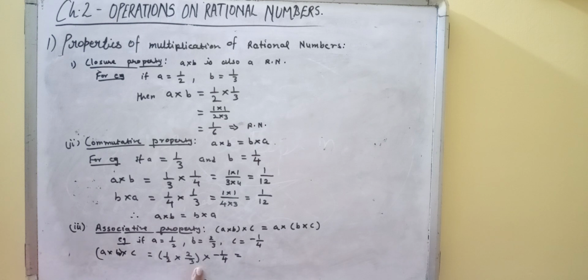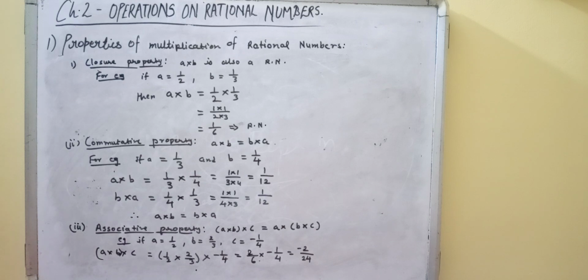First solve the bracket. 1 into 2 is 2, 2 into 3 is 6 into minus 1 upon 4. That is 2 into minus 1 is minus 2, 6 into 4, 24. So this is the left hand side.